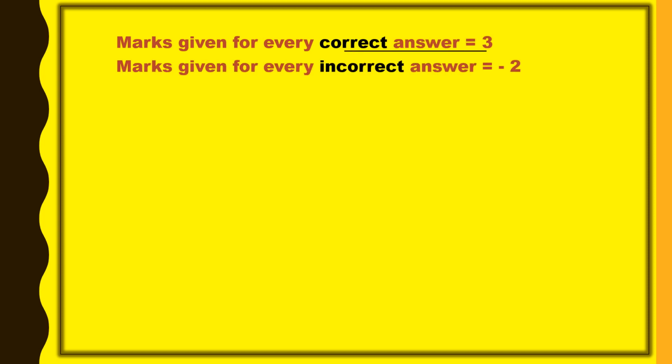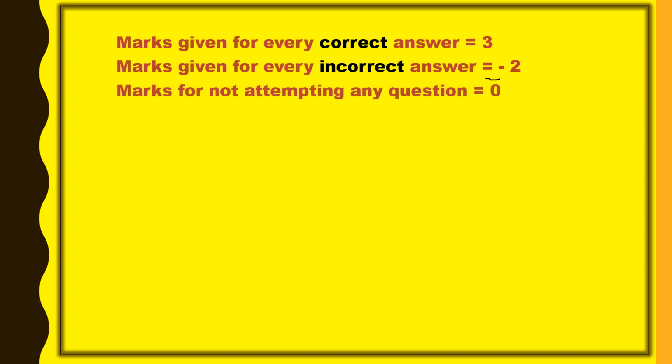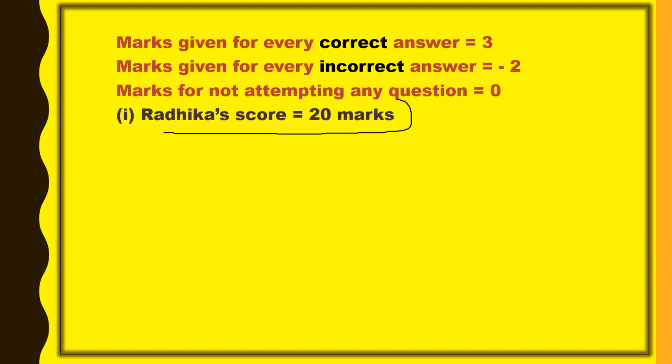So let us write the conditions first. Marks for every correct answer equals 3, marks for every incorrect answer is minus 2, and for not attempting any question you will get 0 marks. Okay, so let us take the first question. Radhika's score: she got 20 marks. Her score of 20 marks is the addition of both the correct answers marks as well as the wrong answers marks.